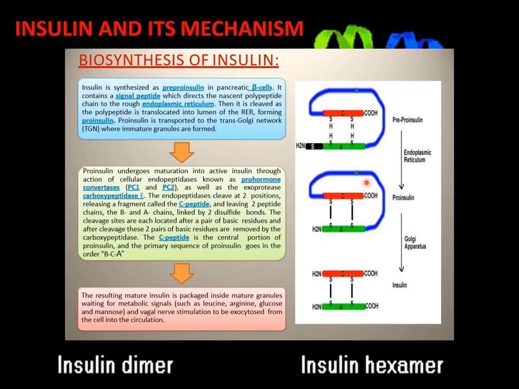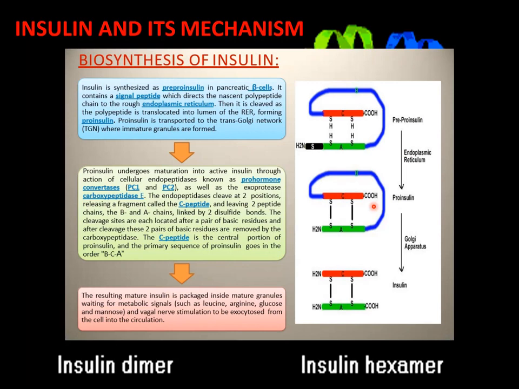Proinsulin undergoes maturation into active insulin. The prohormone convertases PC1 and PC2, together with exoprotease carboxypeptidase, are responsible for converting proinsulin to insulin.